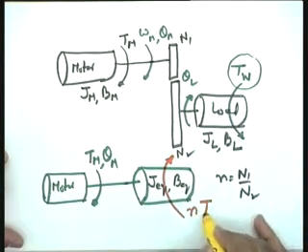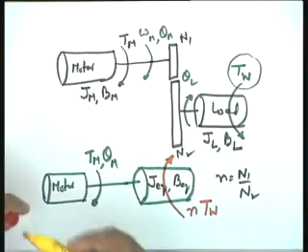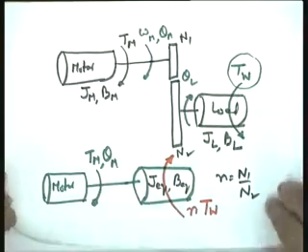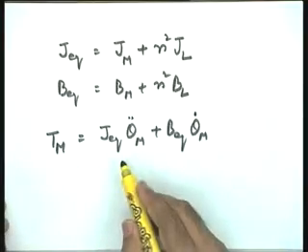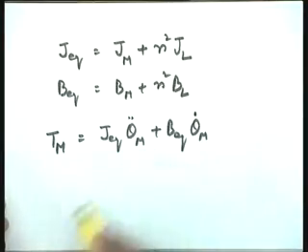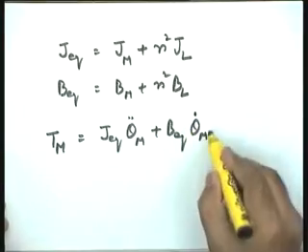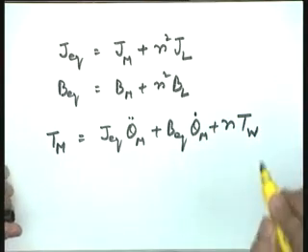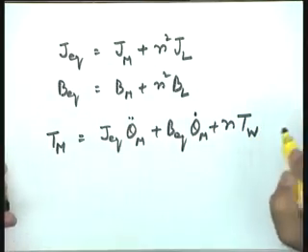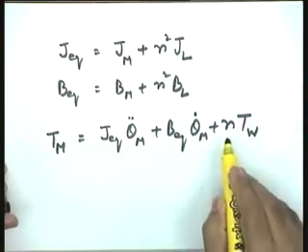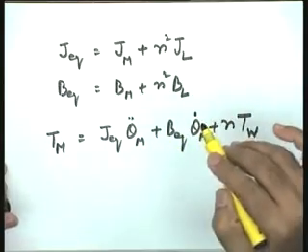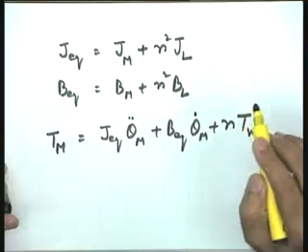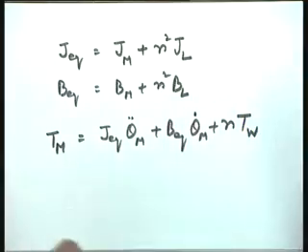It is nTw, where n is the gear ratio, and therefore the complete mathematical model becomes Tm equals J equivalent theta m double dot plus B equivalent theta m dot plus nTw. You will please note that Tw is the actual disturbance on the load shaft, and n is the reflection factor of that disturbance onto the motor shaft. This is very convenient, and in modeling normally we will do it this way only.